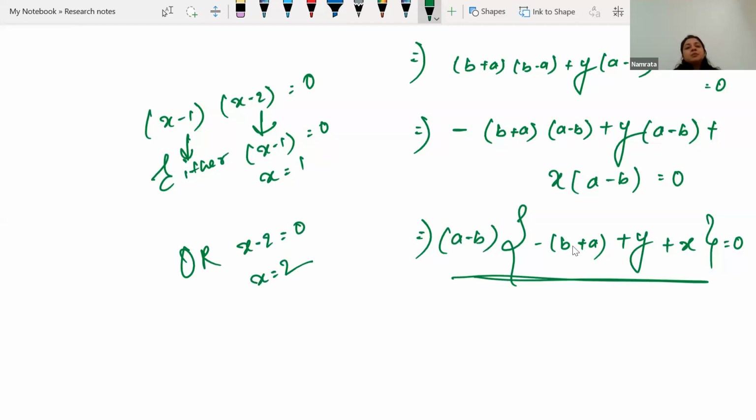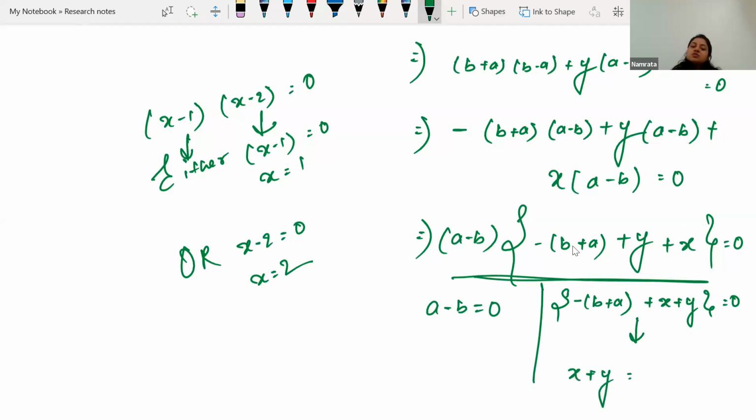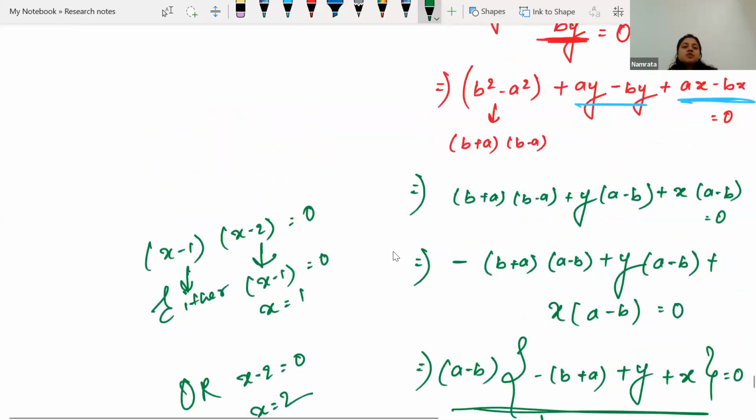So here also we will be taking two cases. The first case will be either a minus b will be 0, or the other curly bracket term will be 0. So negative b plus a plus x plus y, this will be 0, and this one is giving us that x plus y is equals to a plus b. This is what we wanted to prove. Case 1 we don't want to prove, so we are done with the proof.